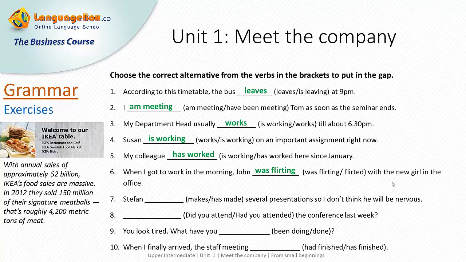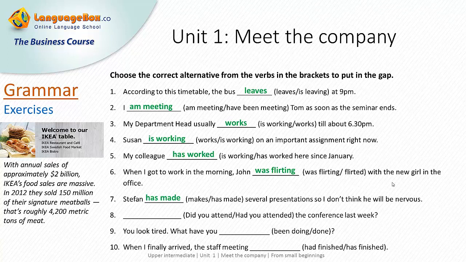It's going to be our second option, the present perfect option. Stefan has made several presentations, so I don't think he'll be nervous. And do you remember which function this was? Yes, it was the experience. When we talk about things that we've done and we don't mention time. So for number 7, Stefan has made several presentations, so I don't think he'll be nervous.